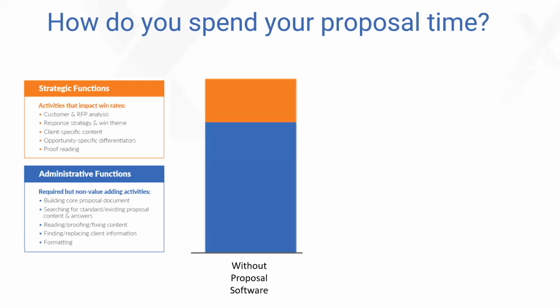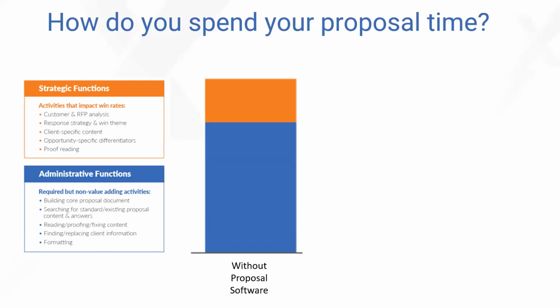So you'd like to think that we spend more of our time on those strategic activities than those administrative activities. But what I found is, again, that's not the case. More often than not, and sometimes it's even more slanted than this, we've wasted so much time in those core administrative activities that we sometimes have to rush through those more important activities to meet a deadline.